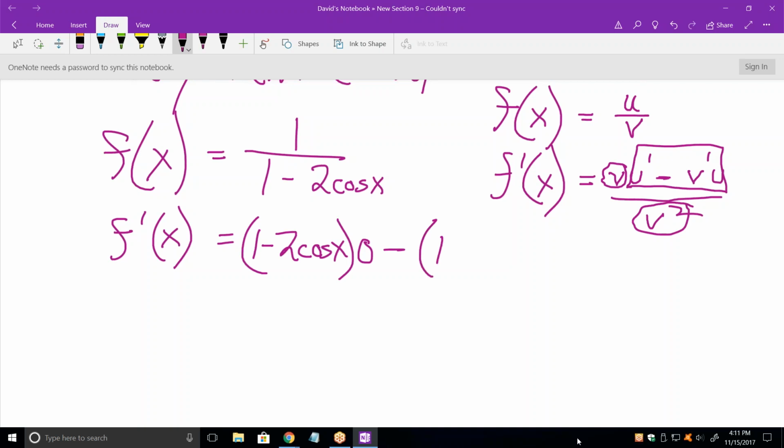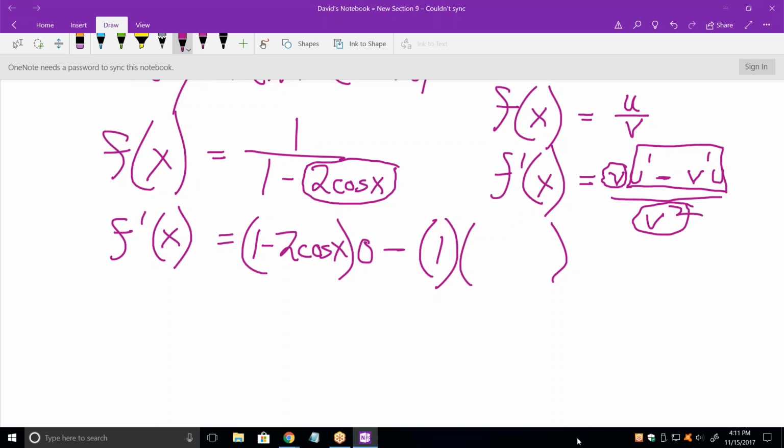So it's the top. And now the derivative of that denominator is what? So the 1 would be a 0. What's the derivative of that? Would you have to do product rule for that? No. That's just going to be negative 2 sine of x.